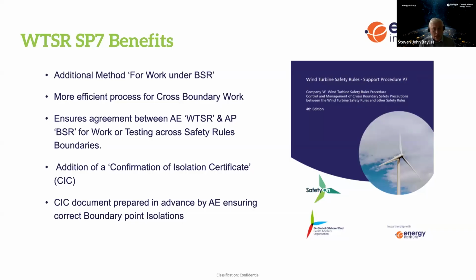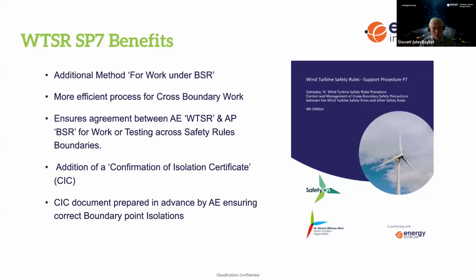So in this case, there's an additional method for work under the boundary safety rules. This is the CIC. It's a more efficient process for cross-boundary work. As stated earlier, wind farms are getting bigger, turbines are getting bigger, so I think this is now a more efficient process for doing cross-boundary work.